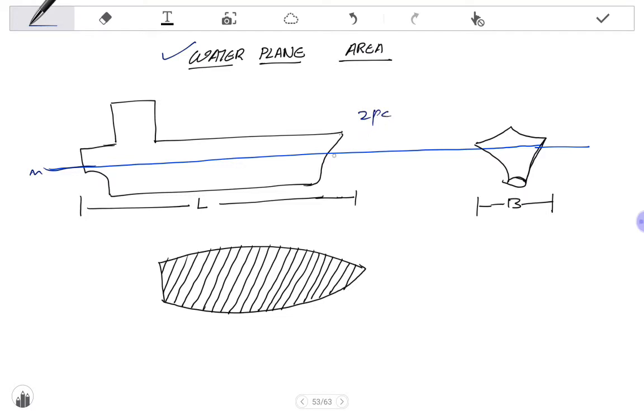The plane of the ship where the cutting happened by the water line is called water plane area. So at a particular draft, let's assume this will be the shape of the vessel at the plane of the water. It should look like this. So this is called the water plane area.